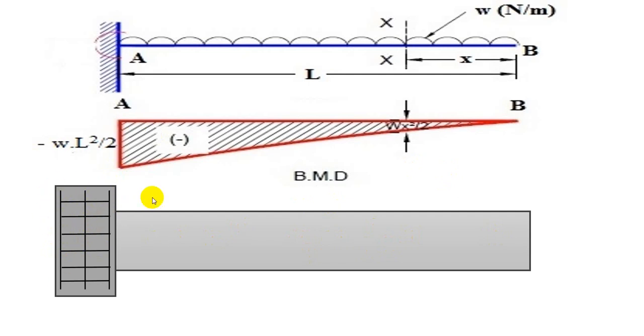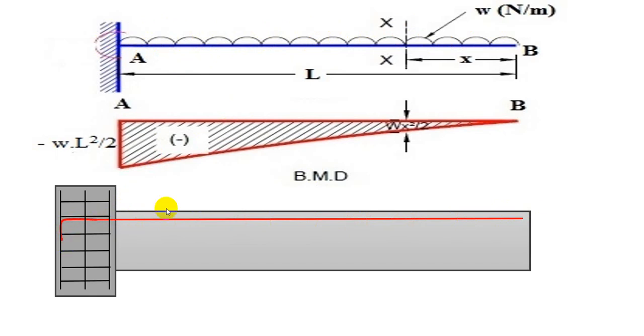After that, for the moment diagram, we have to provide reinforcement in the top of the beam, because for the cantilever portion of our beam the maximum tension will be created in the top. That's why we provide reinforcement in the top, and we also extend that reinforcement as a development bar.